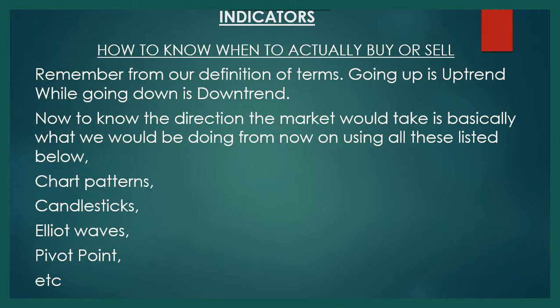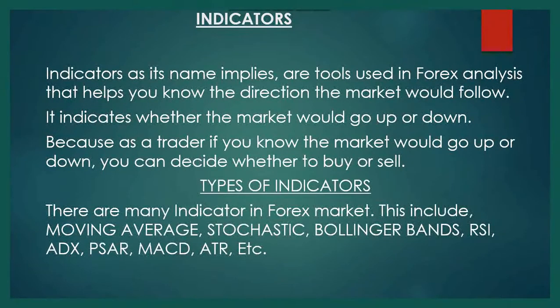How to know when to actually buy or sell. Remember, from our definition of terms, going up is uptrend while going down is downtrend. Now, to know the direction the market would take is basically what we would be doing from now on, using all these listed below: chart patterns, candlesticks, Elliot waves, pivot points, and indicators, and etc. Now, indicators.